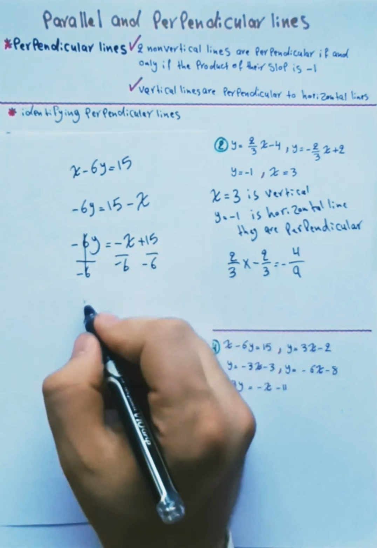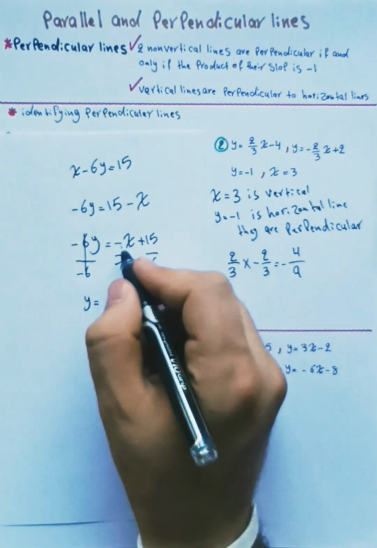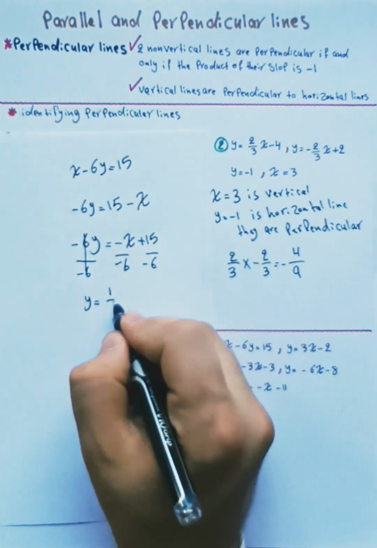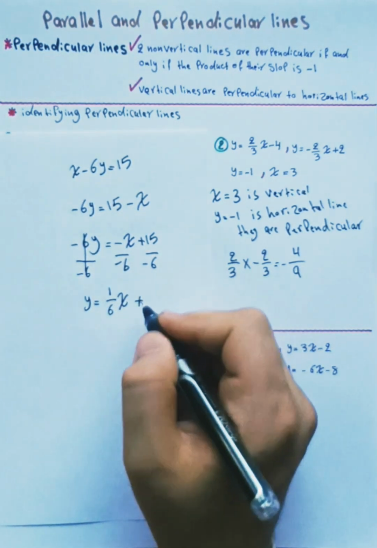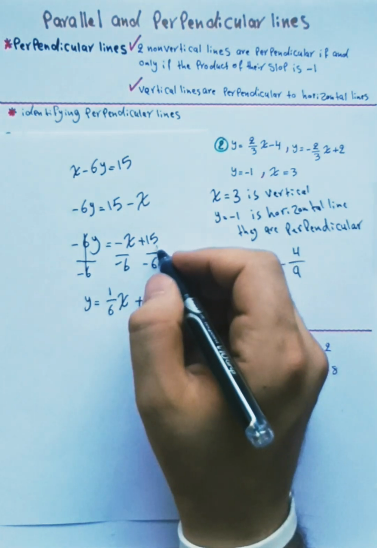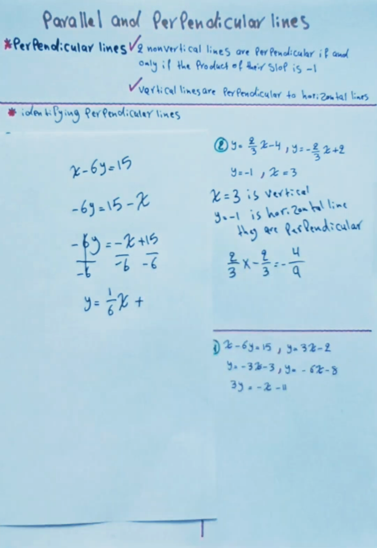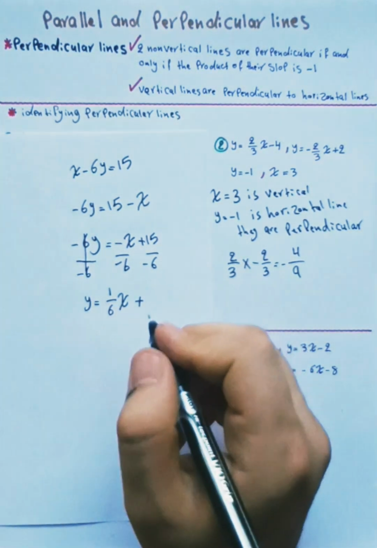These two numbers are cancelled. y equal to 1 out of 6 x, plus we have to write this fraction in simplest form. So the greatest common factor for 15 and 6 is 3. We have to divide both by 3.